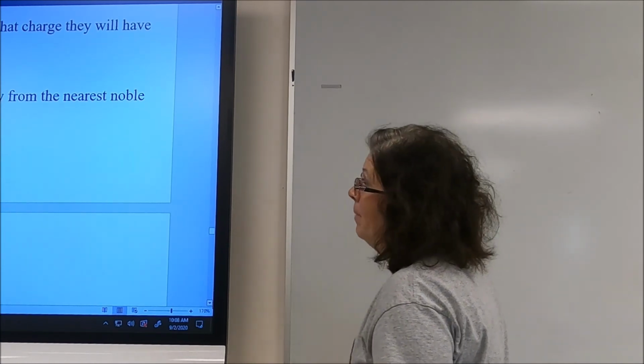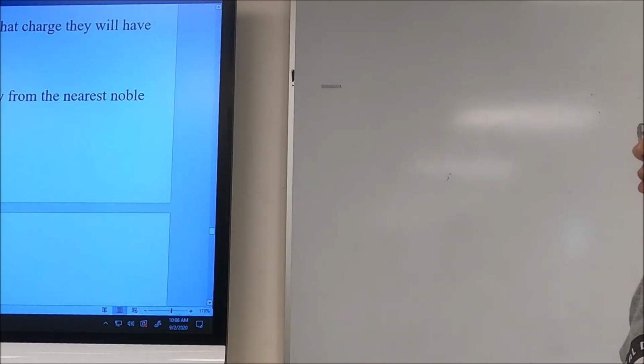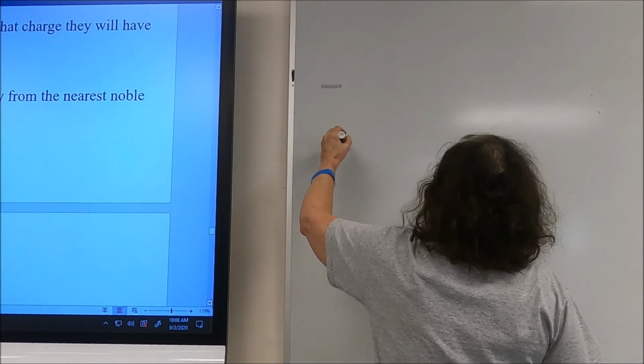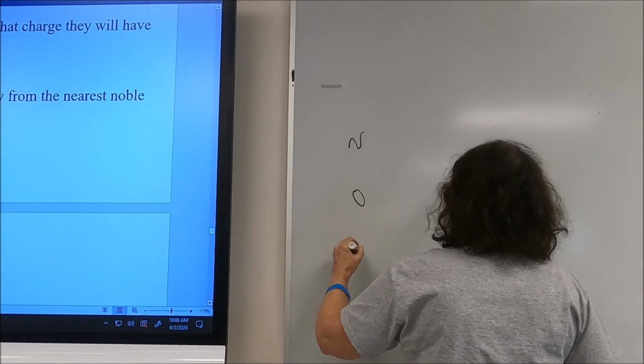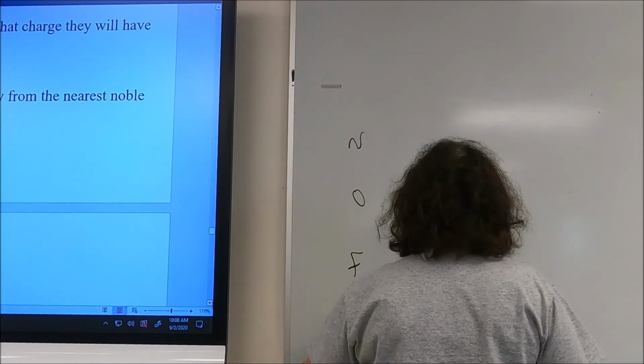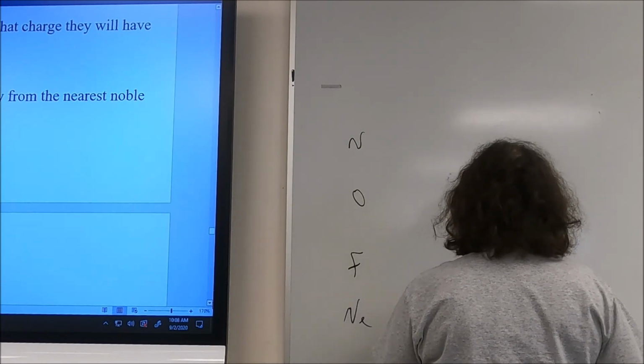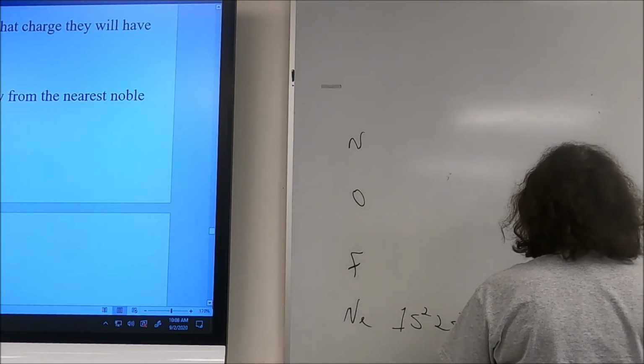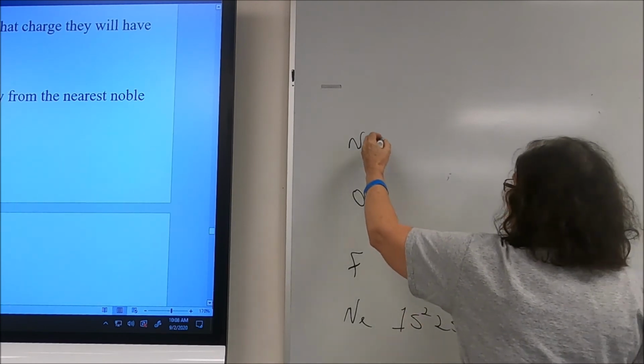Anions are formed by picking up electrons to try to look like your nearest noble gas neighbor. So we're going to look at fluorine, oxygen, and nitrogen as our poster children. Okay? If I look at nitrogen, oxygen, fluorine, their nearest noble gas neighbor is neon. Neon is 1s2, 2s2, 2p6.